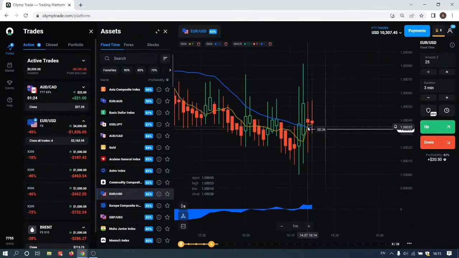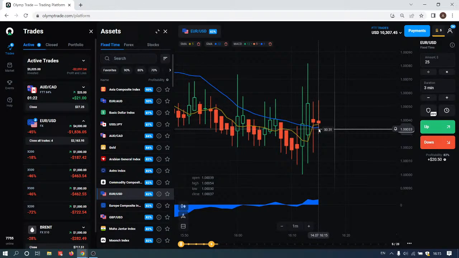Now I don't really want to open a trade in the upwards direction here, even though we have this crossing of the yellow line and the blue line. Why I don't want to open this trade right now is because we have these mixed candlesticks: four red, two green, one red, and one greenish.